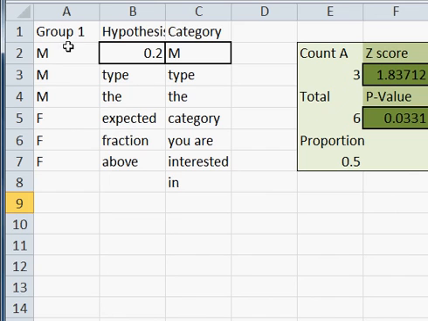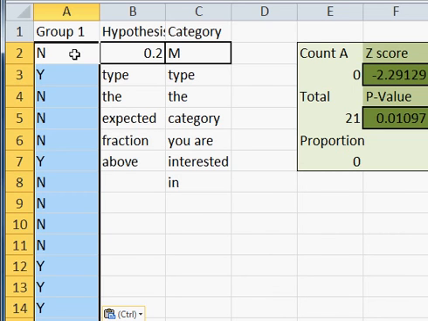Right now it comes built in with a test that 20% of these observations are male, which is a theory we reject. Is there half? So I'm just going to do this one sample z-score. We're testing the proportion of one variable against a theory.